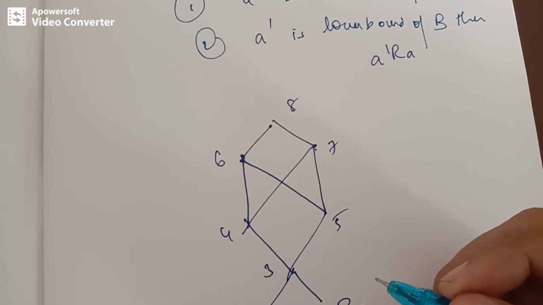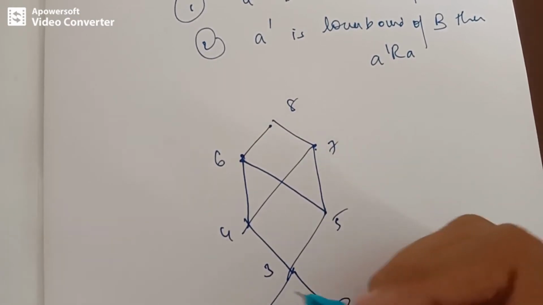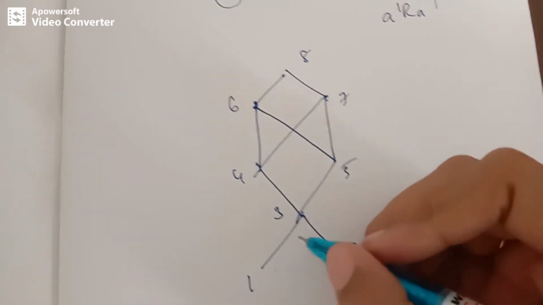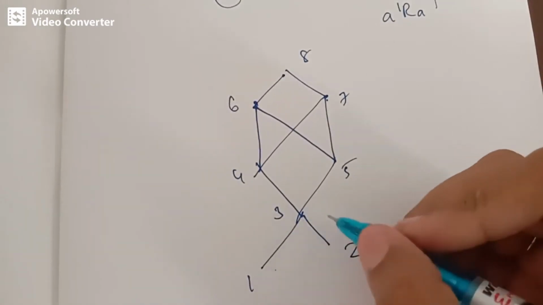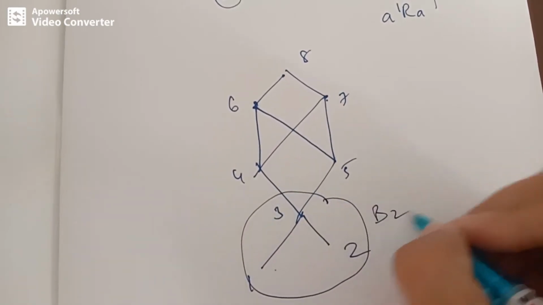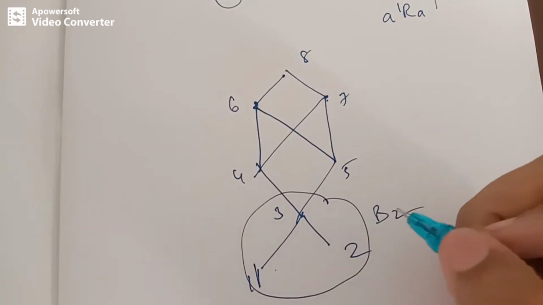Now, we are supposed to find out the greatest lower bound of B2. Among the lower bounds, these are all the lower bounds, in the lower positions: 1, 2, 3. These refer to the lower bounds of B2, if you take this as B2.